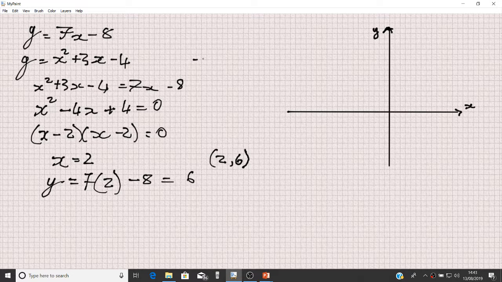So if we quickly look at this quadratic, we could factor it as x plus 4 and x minus 1, which will give us two solutions for that quadratic of minus 4 and positive 1.